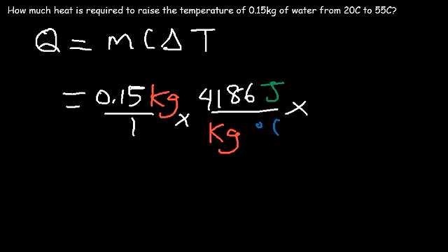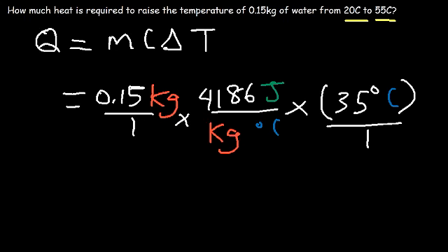And then the change in temperature: if we take the final temperature and subtract the initial temperature, that's 55 minus 20, we'll get an increase in temperature of 35 degrees Celsius. So now let's pay attention to the units. The unit Celsius will cancel, and the unit kilograms will cancel, which means Q is going to be in joules.